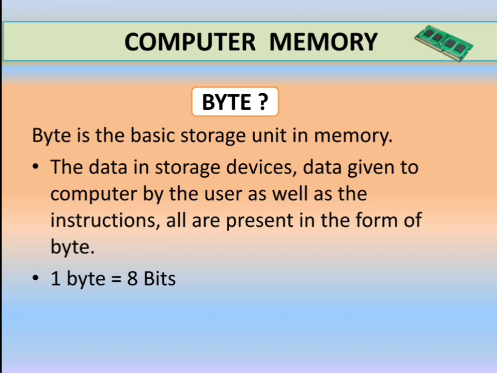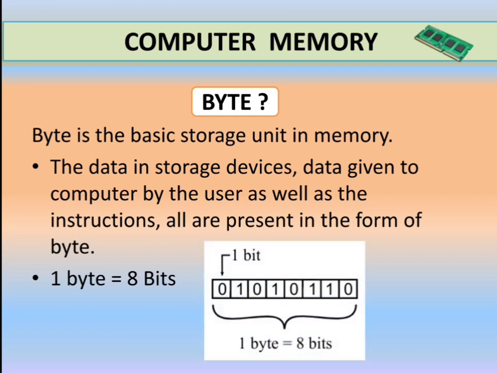Like 2 bytes of data is stored or 3 bytes of data is stored. Now a byte is equal to 8 bits. It means if we have 8 bits, as you can see in the picture, 0, 1, 0, 1, 0, 1, 1 and 0, these are 8 bits, and if we combine these 8 bits, it becomes 1 byte.